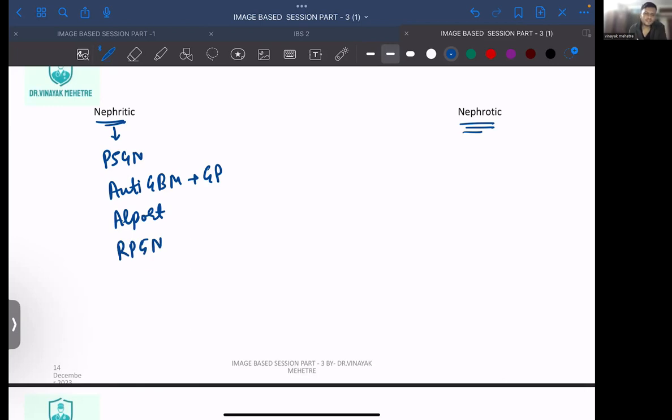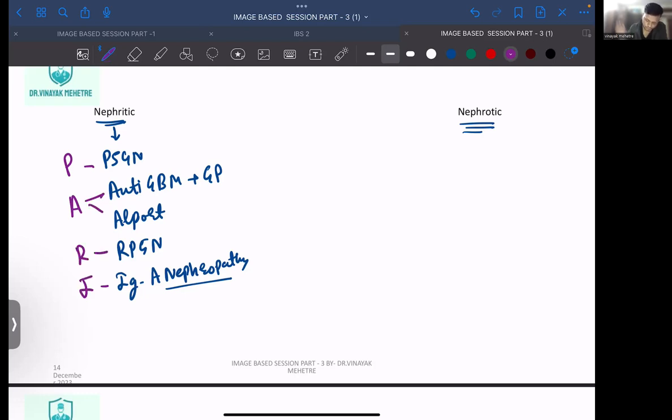And last one is your IgA nephropathy. Can we remember by the mnemonic PARI? Okay. Nephrotic syndrome content was which one?